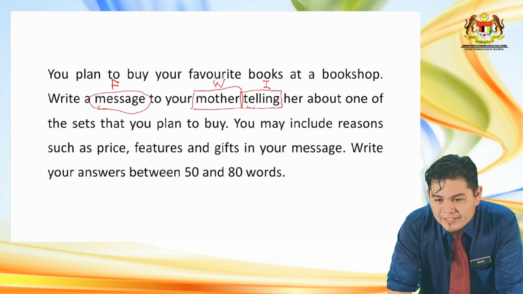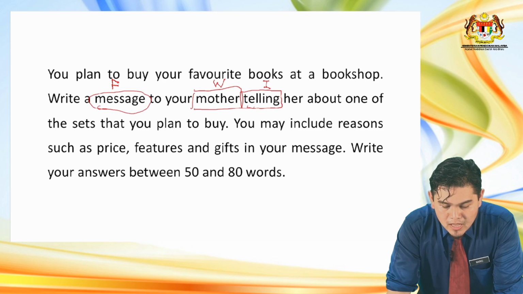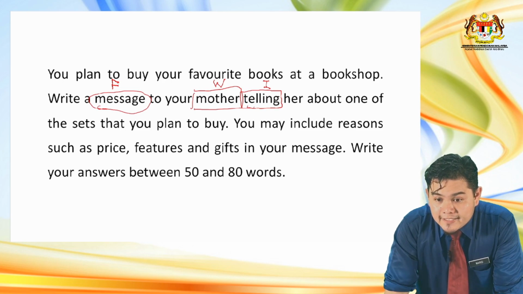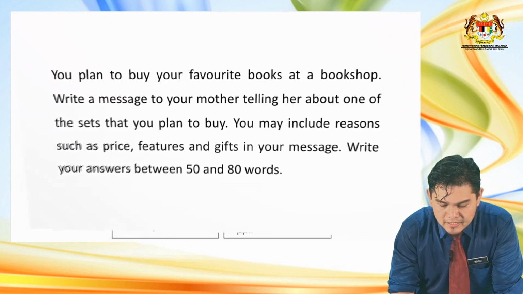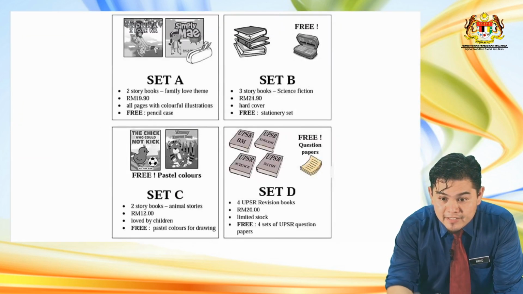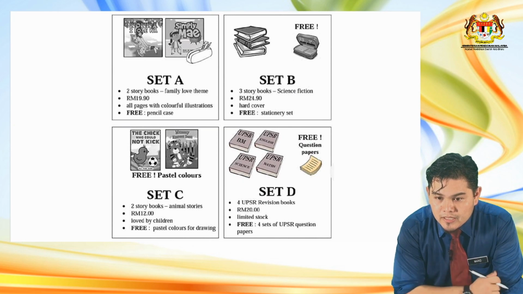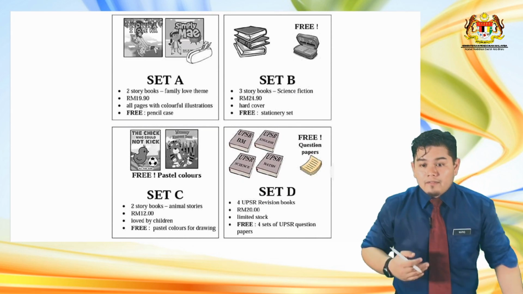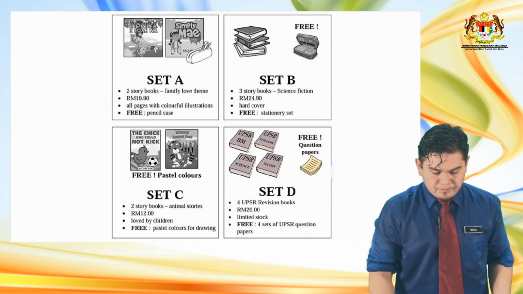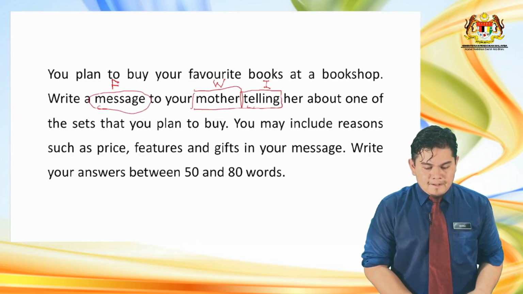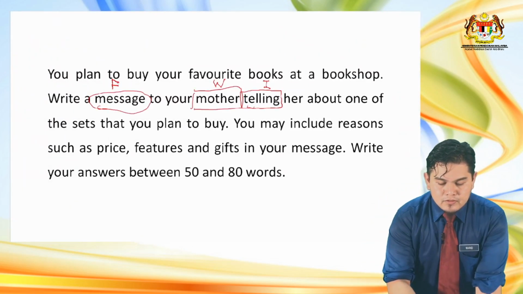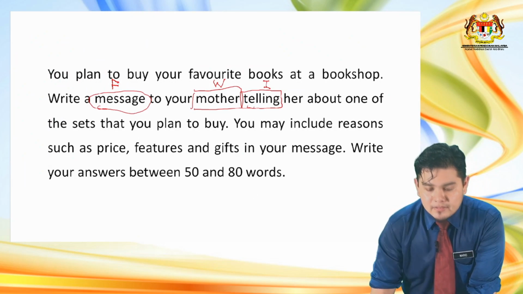Okay, points. How many points are we supposed to talk about here? Now, how many sets? If you look back here, there are many sets, right? Set A, set B, set C, and set D. So we want to know how many sets we have to choose. So to tell her about one of the sets.